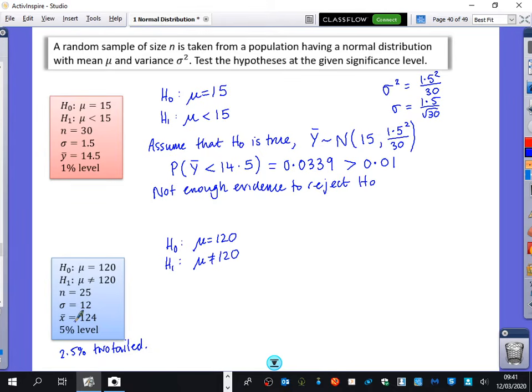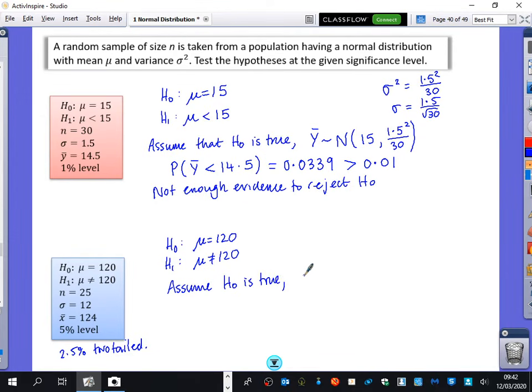I really think that the mean is bigger than 120. So when I think about doing the probability, I'm going to ask what's the probability that it's 124 or even bigger, because I'm already saying it's bigger than the mean. Okay, so we assume, as we always do, that H0 is true.